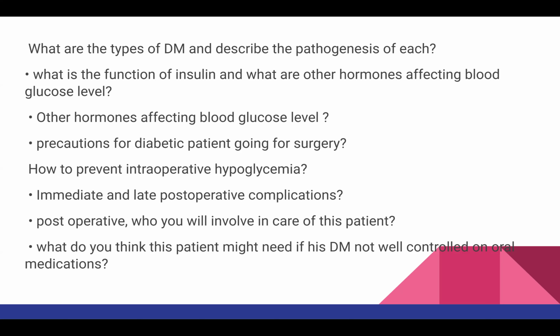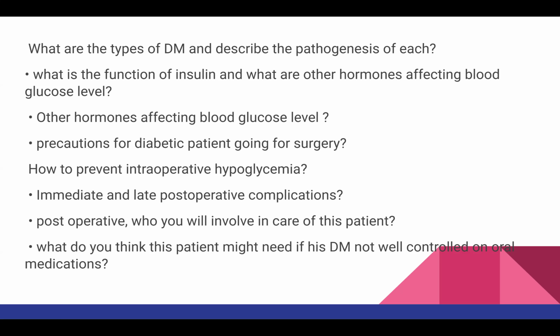So what is the function of insulin and what are the other hormones which affect the blood glucose levels? The function of insulin is to transport the blood glucose into the peripheral tissues. That is the principal action.